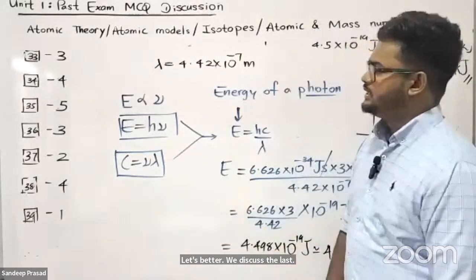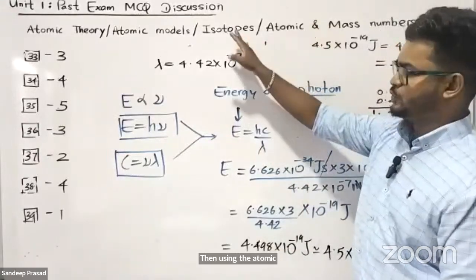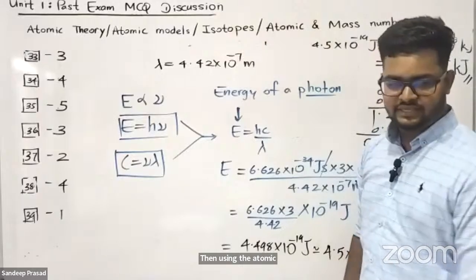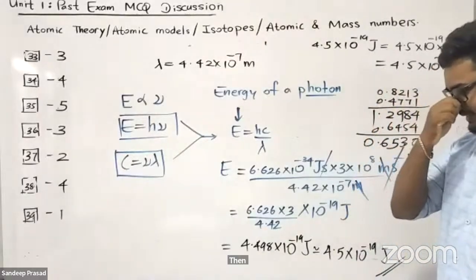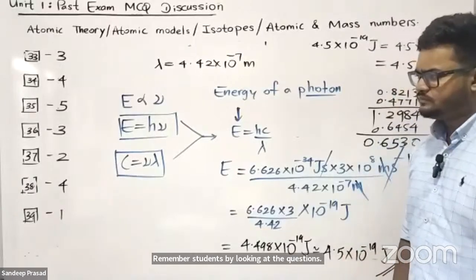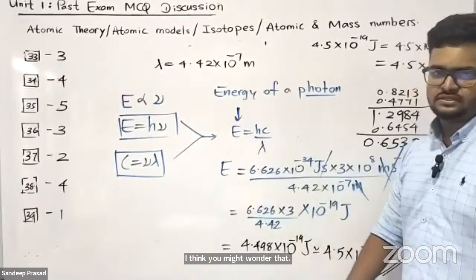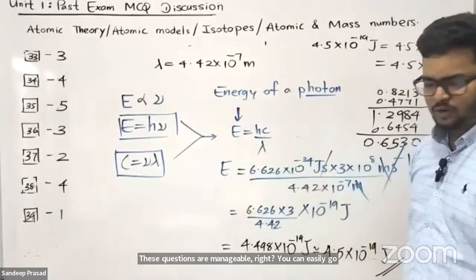Okay. Then using the atomic theory, atomic models, atomic number, mass number, isotopes, these are the past papers that they have given. Remember, students, by looking at the questions, you might wonder that these questions are manageable, right? You can easily go for the answers. We considered about 40 questions.